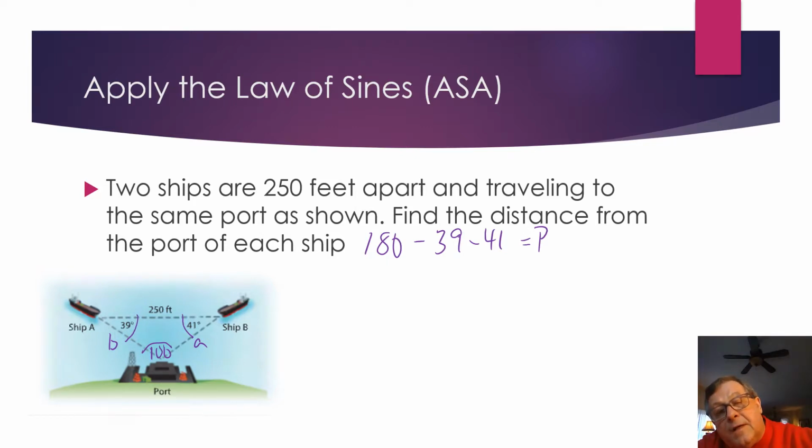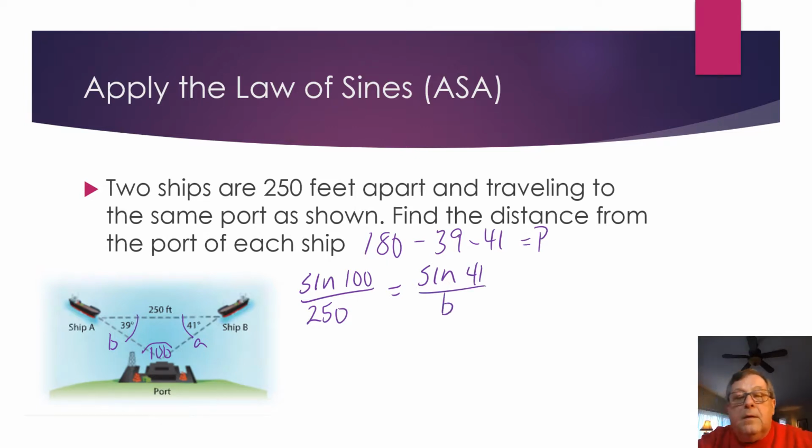So the sine of angle P, which is 100, we just found, over side P, which is 250, equals, I think I'm going to go with side B first, the sine of 41 over side B. And again, we're just going to cross multiply.